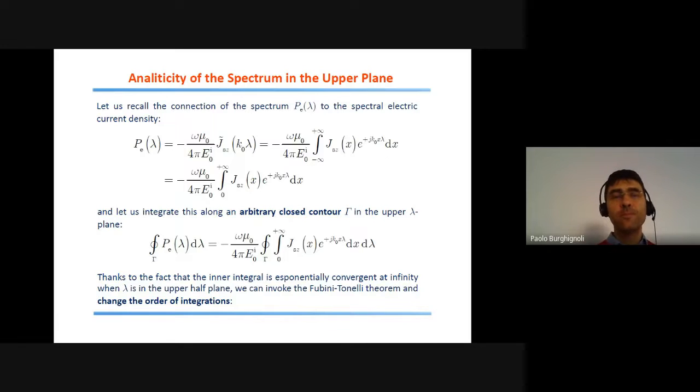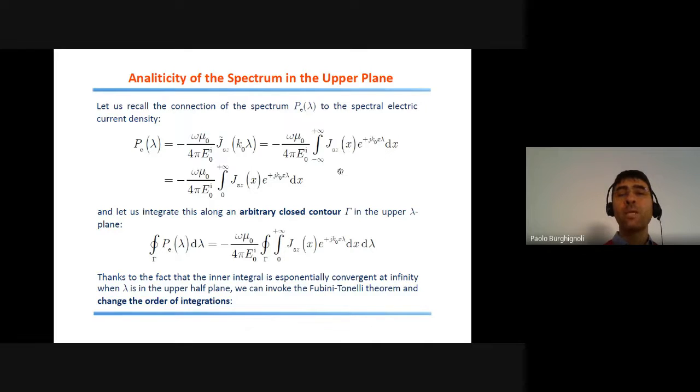First of all, let us prove that the spectrum is an analytic function in the upper complex plane. To do so, let us recall that the spectral function P sub E of lambda is related up to a constant to the spectral current J tilde, that is, to the Fourier transform of the spatial current J as a function of x.